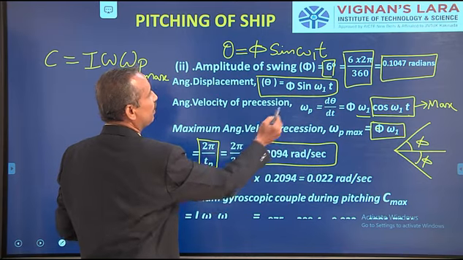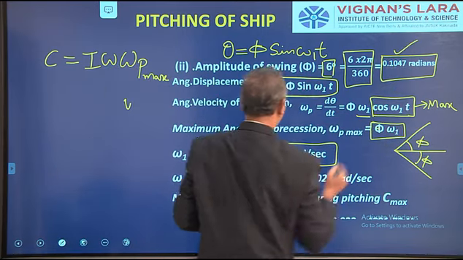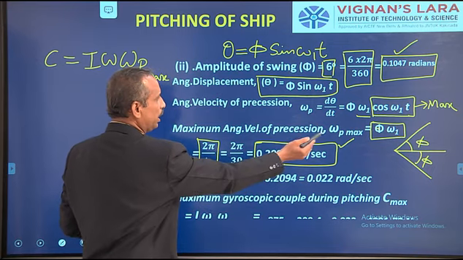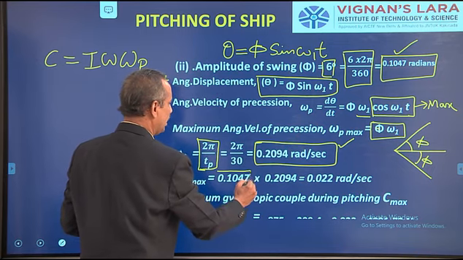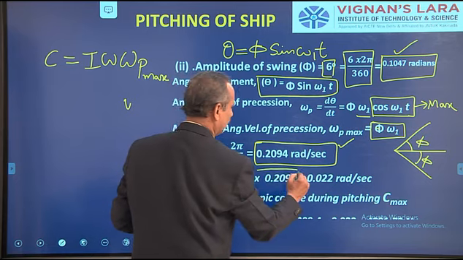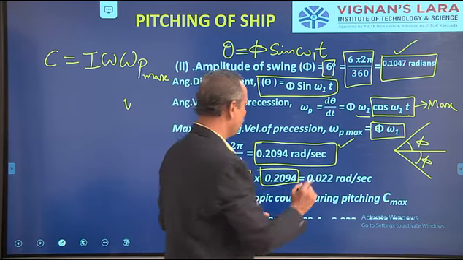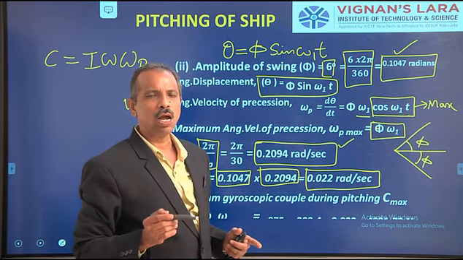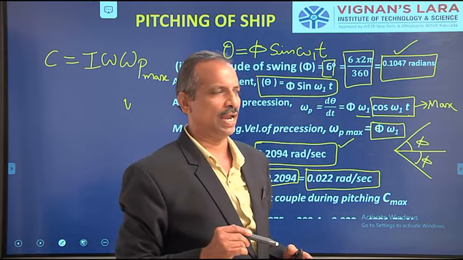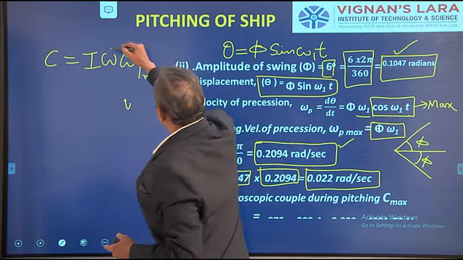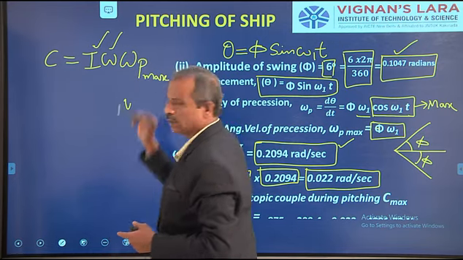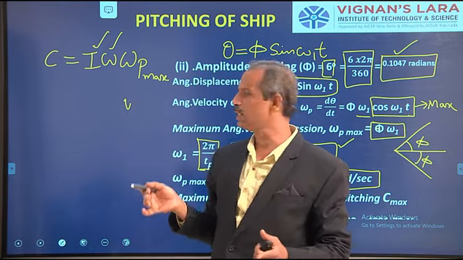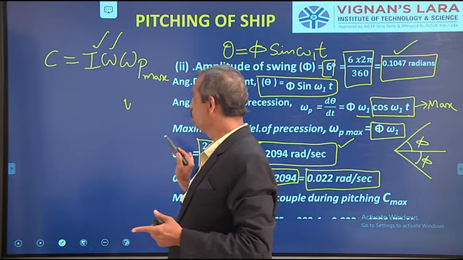Already the phi value is obtained, and already omega 1 is obtained. So the product of these two, phi and omega 1, will give you omega p max. After finding omega p max, the other values are already known to me from the earlier first part, and I will not change them. Whatever the case, m k square is already with you.